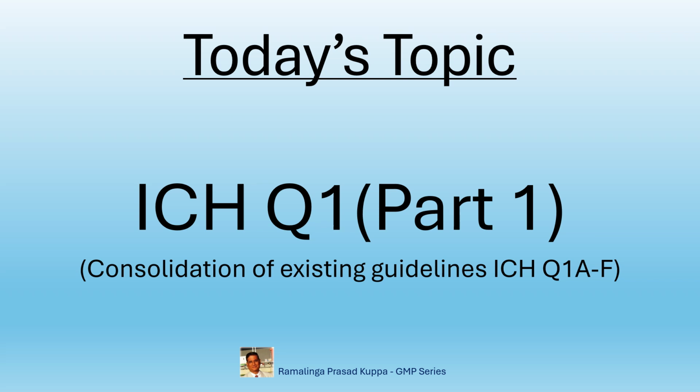Today's topic is ICH Q1 Part 1, Consolidation of Existing Guidelines ICH Q1A to F. The information from ICH Q1A to Q1F and Q5C guidelines is consolidated into one single guideline with an elaborate explanation for each section.